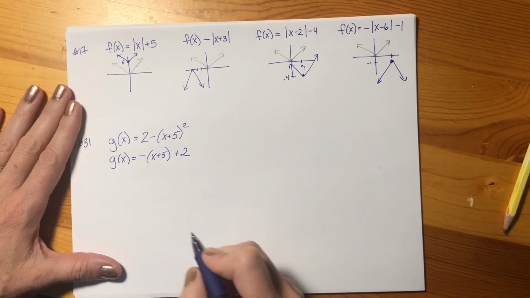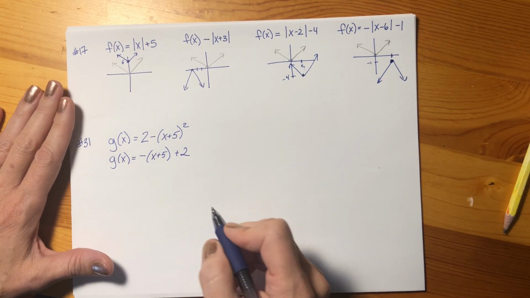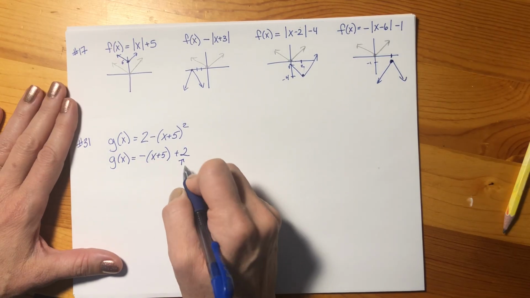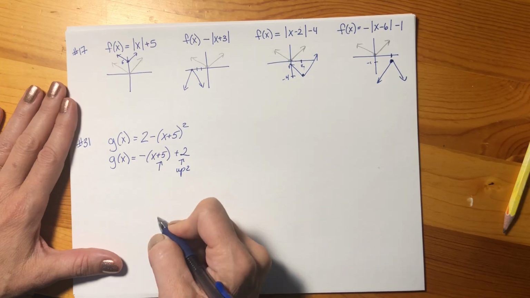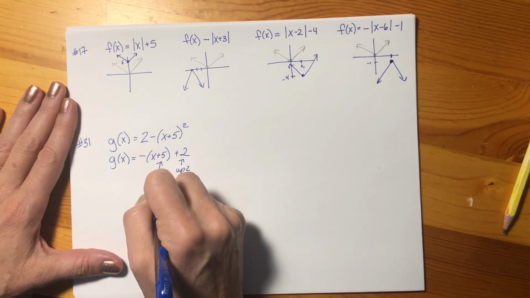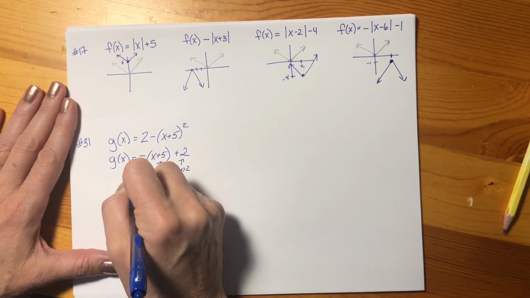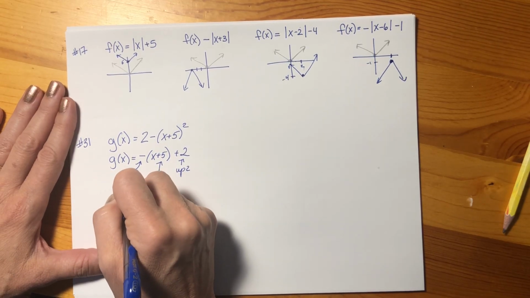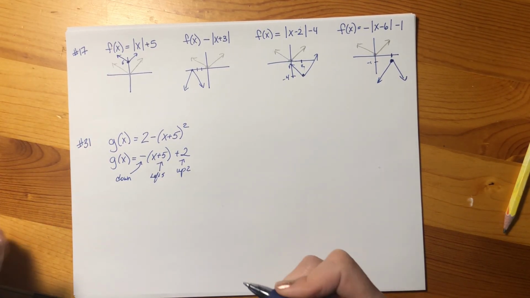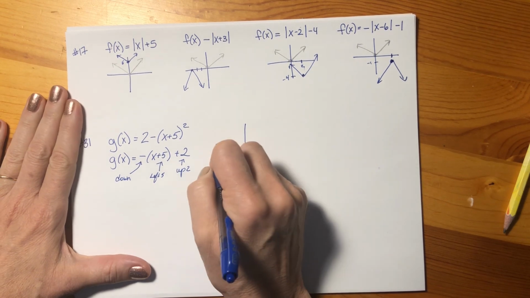All right. So let's look at all the different parts that we have here. I have a plus 2. That's going to shift the whole thing up 2. I have a plus 5 on the inside. That's going to move it to the left 5. And a negative on the outside, that's going to make the whole parabola open down. All right, it's going to change the orientation of my graph. So let's see.